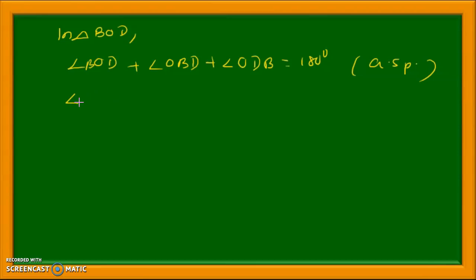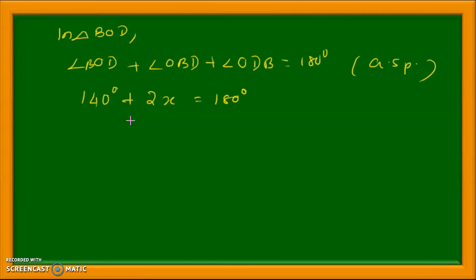We can write here angle BOD, already calculated, that is 140. So 140 plus 2 times angle OBD, that is 2x, equal to 180. We take both angles as equal, since angles opposite to equal sides are equal.